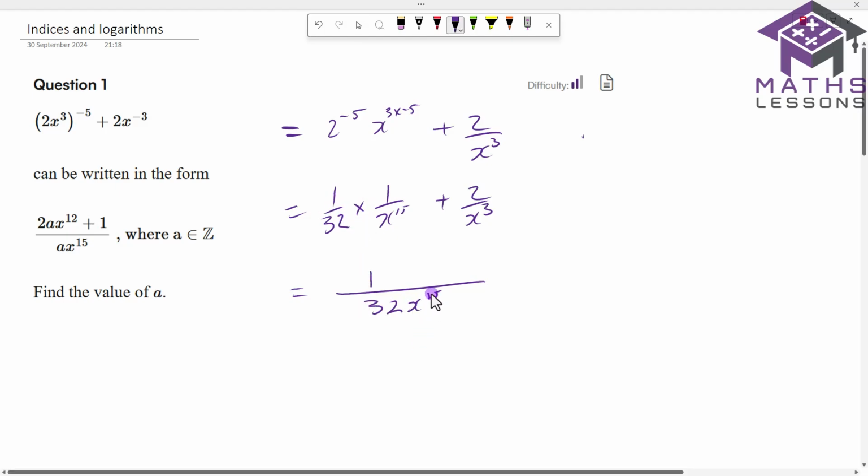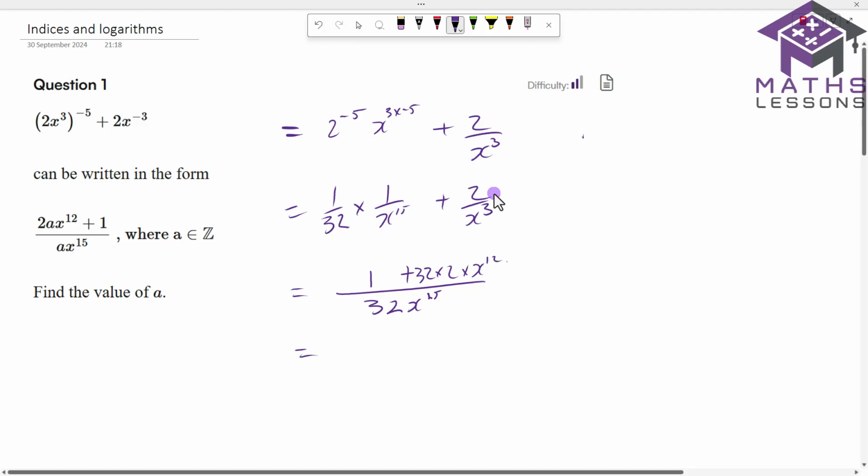The bottom is the same. We're going to times the bottom of this by x to the 12, and we're also going to times it by 32. So we're going to times the top by 32 and x to the 12 as well. So 32 times 2 times x to the 12.